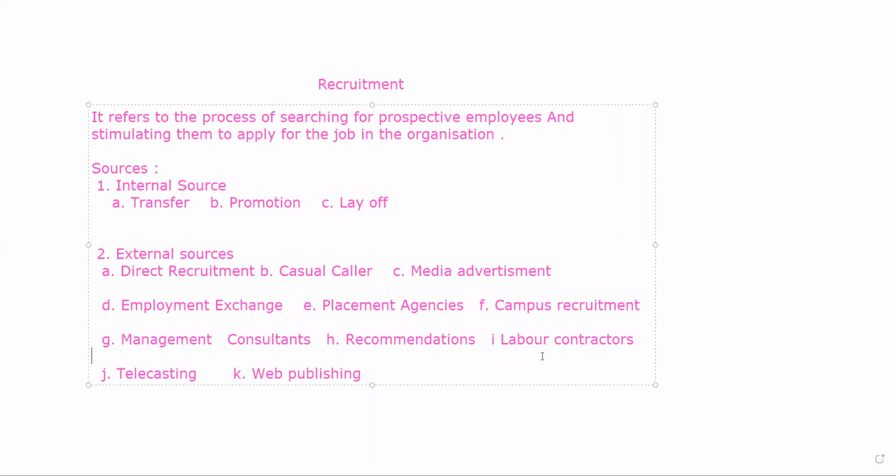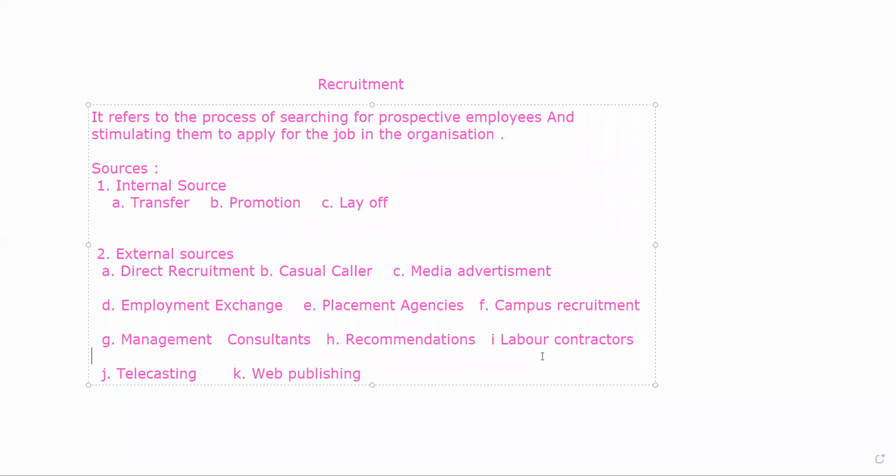Employment exchange is one of the oldest ways of external sources. Earlier it was in the trend so much, but nowadays it is not as much in the trend. Usually, this method of recruitment is used to select typists, clerks, peons.